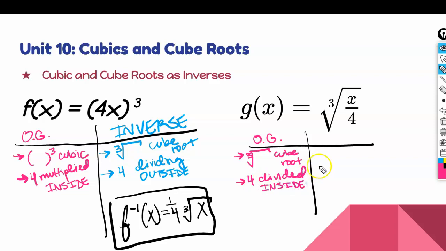And so for the inverse, I'm looking for opposites. Okay, the opposite of a cube root is cubic. The opposite of a 4 dividing inside is a 4 multiplying on the outside.